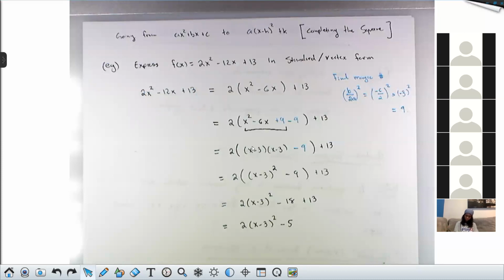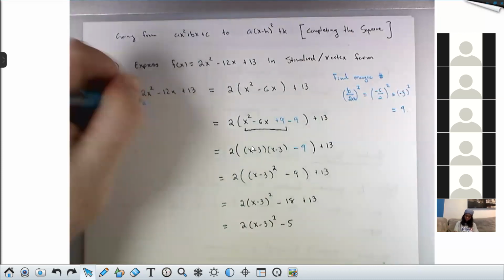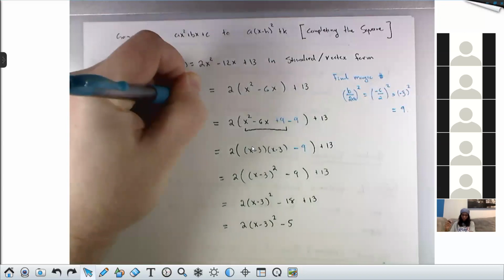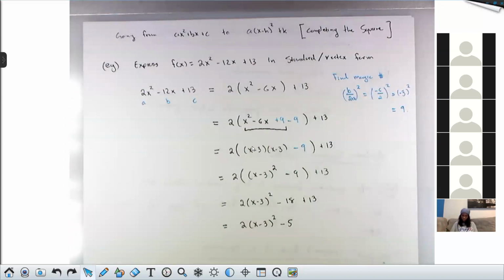Why didn't you times a by 2? Why wouldn't it be negative 6 over 4? Well, if I take a, b, and c here, I was working with the numbers I had in here. I don't mean to confuse you. I factored out the 2 first. So if you want to, you could write this as negative 12 over 2 times negative 2, if that makes you more comfy.